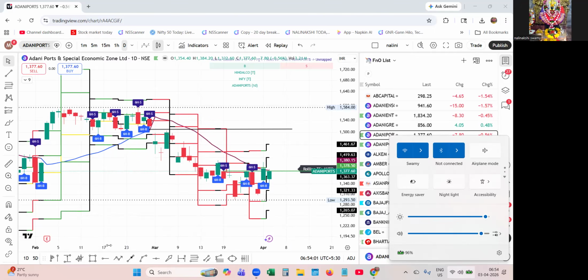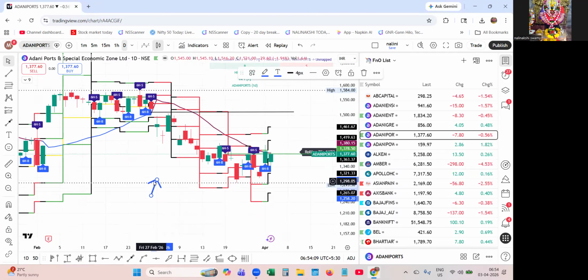This is like pop-ups, liquidity pop-up. One candle up and one candle down, like a roller coaster ride. The price starts making like this.